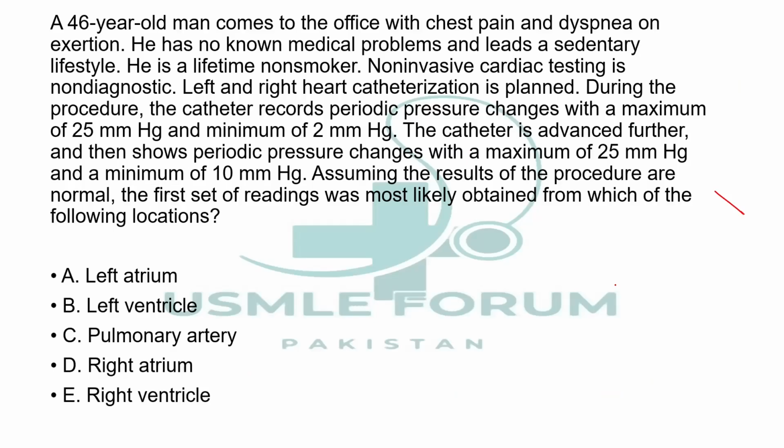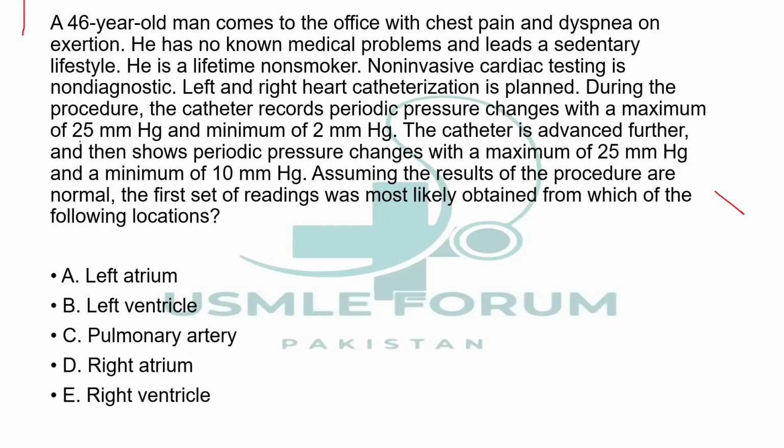All right. So this question is a bit on the nitpicky side of things. It is more detailed. What they are basically saying is that there is a man presenting in the clinic with chest pain and dyspnea on exertion and a basic case of myocardial infarction. Catheterization is planned, and during the procedure, the catheter records periodic pressure changes with a maximum of 25.